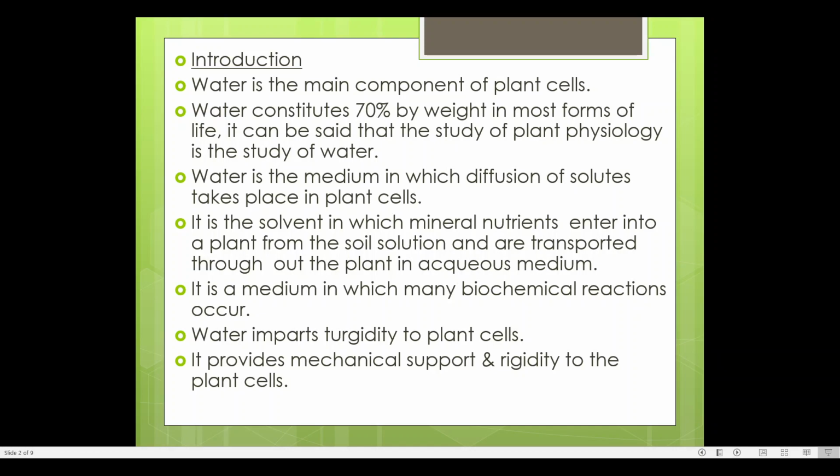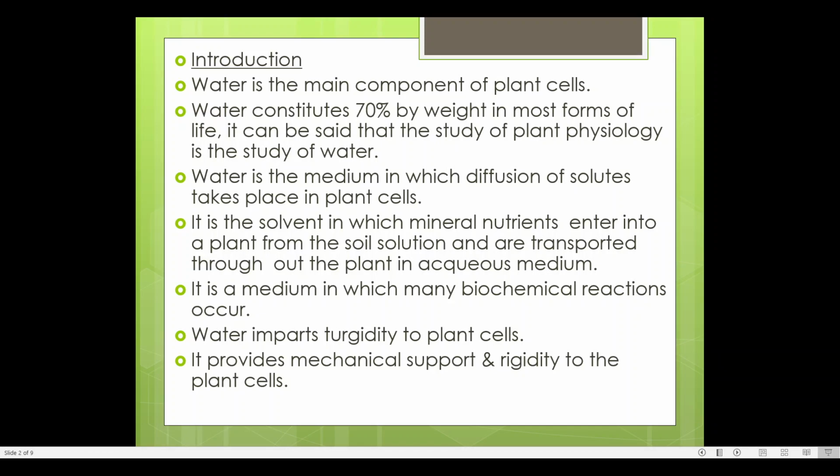So it is the solvent in which all the minerals of the soil get dissolved. So if the minerals get dissolved in water only, then it is easy for their translocation to various parts of the plant. It is a medium in which many biochemical reactions occur.